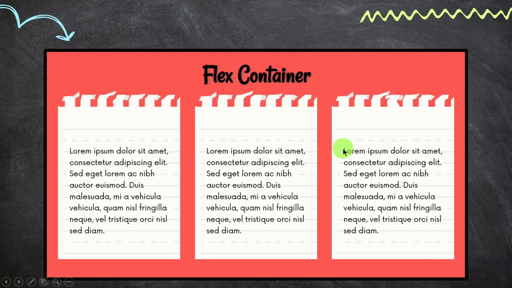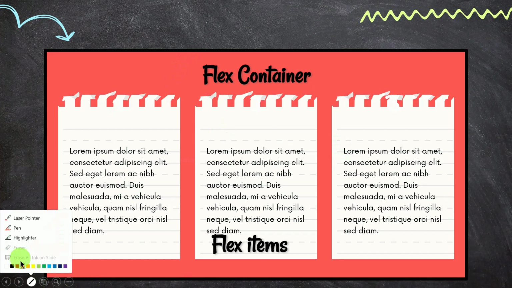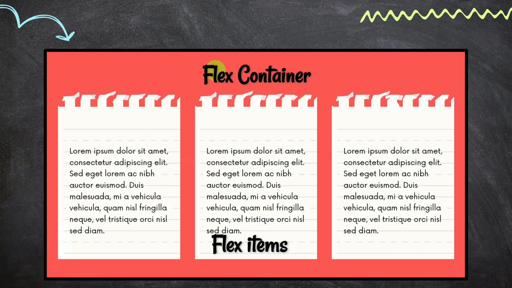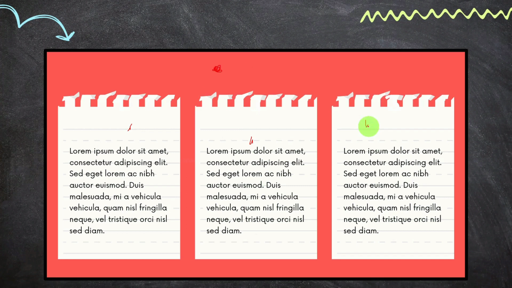As soon as we give display flex to the parent container, then all its children will become flex items. So as soon as we give display flex, this container will become a flex container and these items will become flex items. Now let's understand the flex model.